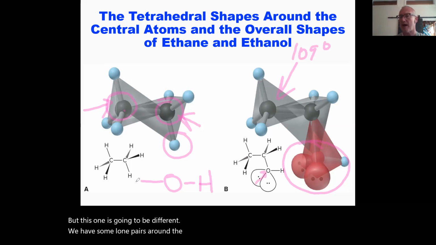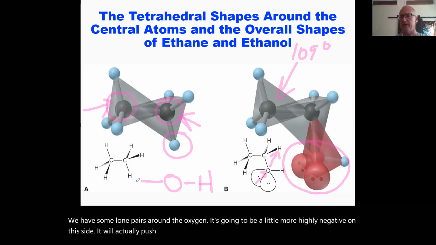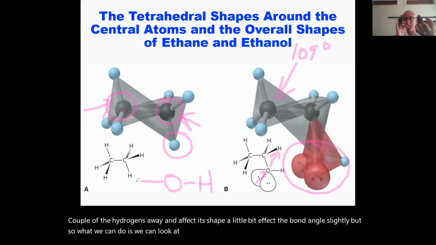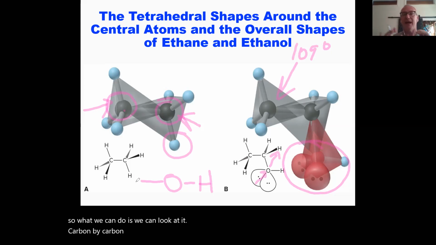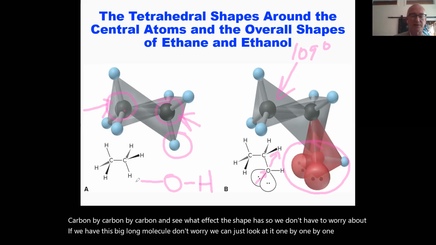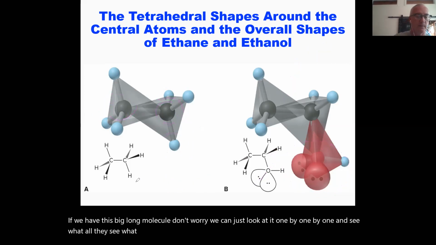It's going to be a little more highly negative on this side. It will actually push a couple of the hydrogens away and affect the bond angle slightly. So what we can do is look at it carbon by carbon and see what effect the shape has. So if we have this big long molecule, don't worry, we can just look at it one by one and see what the effects of the shapes will be.